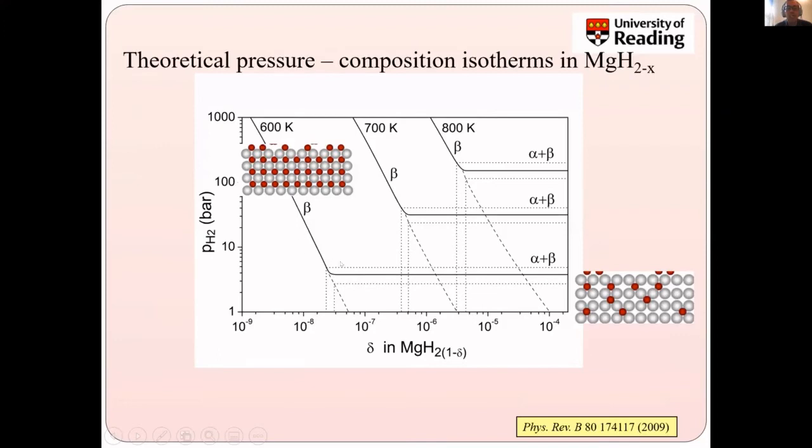So it cannot accommodate a large number of vacancies, as you can see here, before transforming to the alpha phase. So the conclusion is that there is a very low concentration of vacancies in the system, which explains why vacancies are not really helping the diffusion kinetics in there.